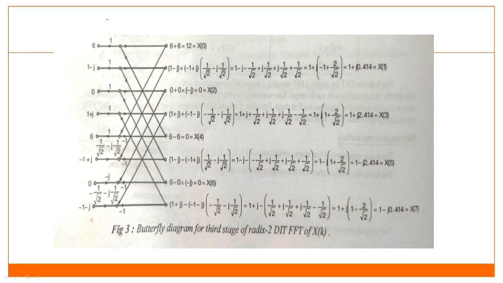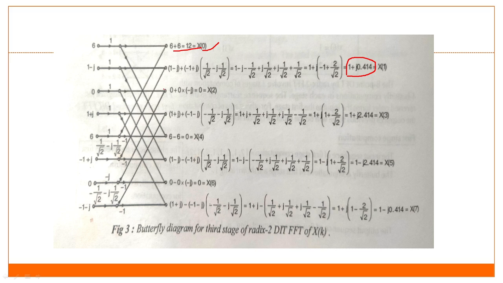So we do this: 6 plus 6, we get 12. That is nothing but x of 0. Then the second point: 1 minus j, which I have written over there, plus this sequence multiplied by the twiddle factor. The resultant will be 1 plus j 0.4, not 4.